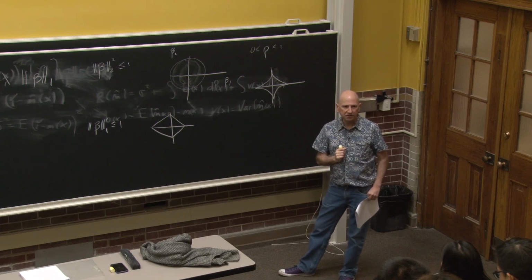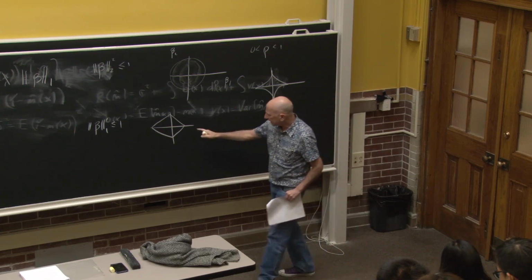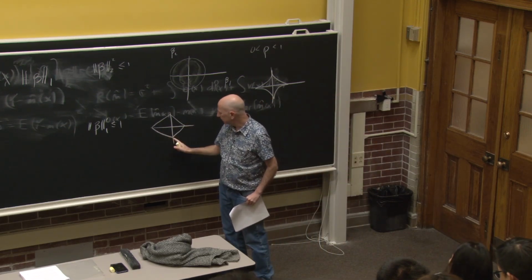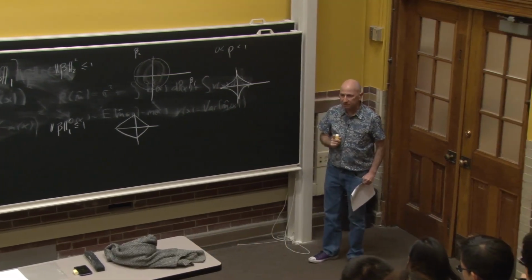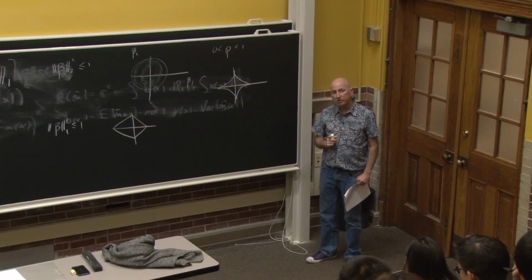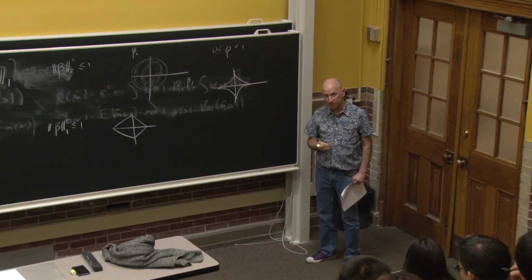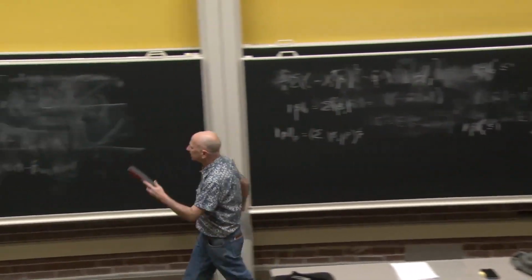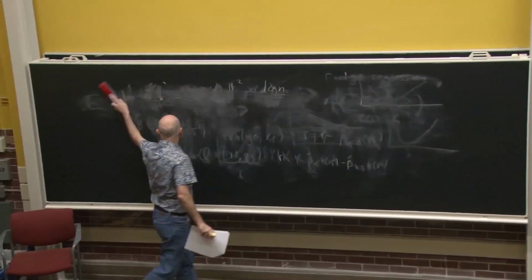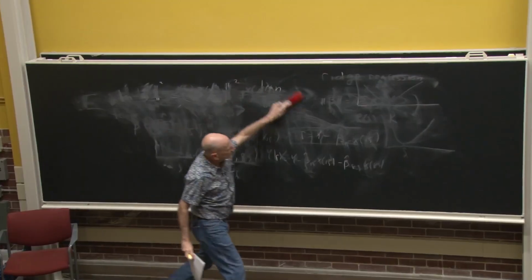But here's another point. You notice that this has corners. In fact, so do these. Whenever p is less than or equal to 1, you get corners. Corners are what makes the solution sparse. Why? The proof is in the convex optimization class, but I'll just give you the picture. So this is proof by picture.